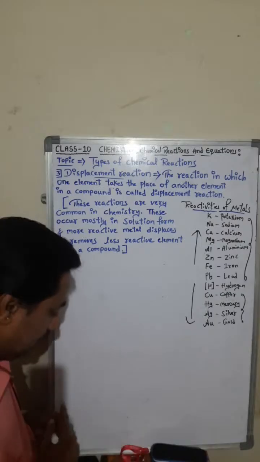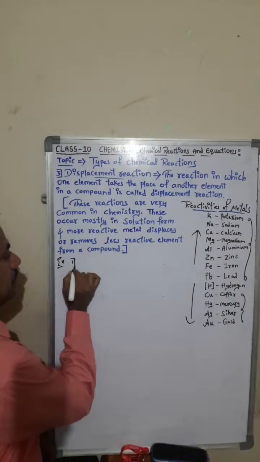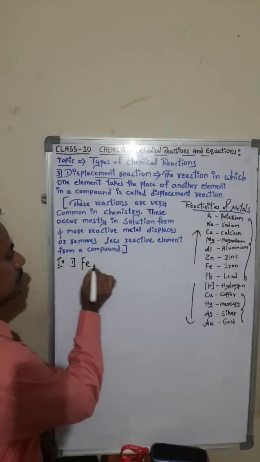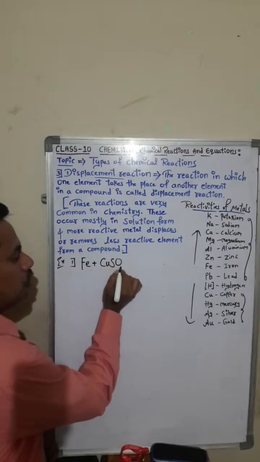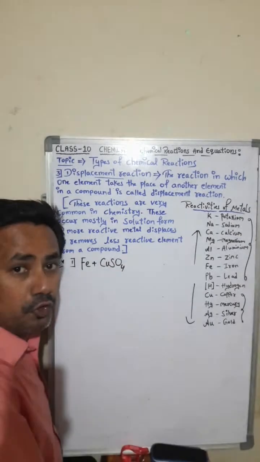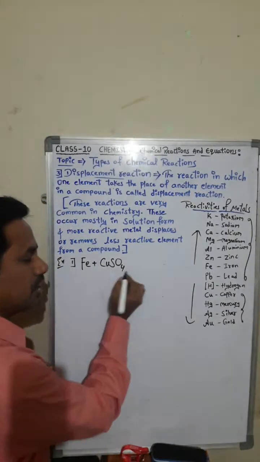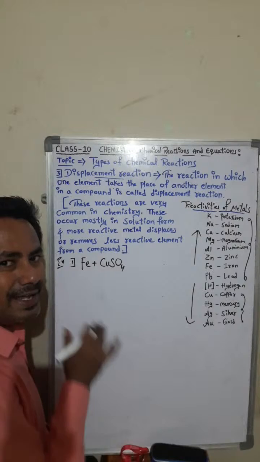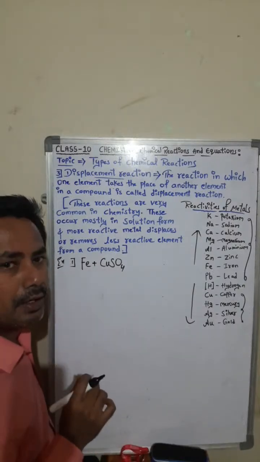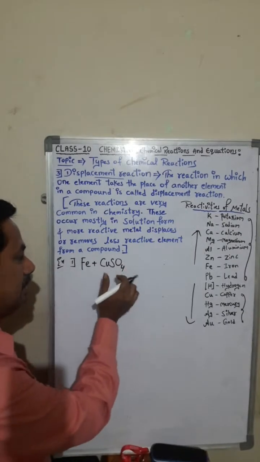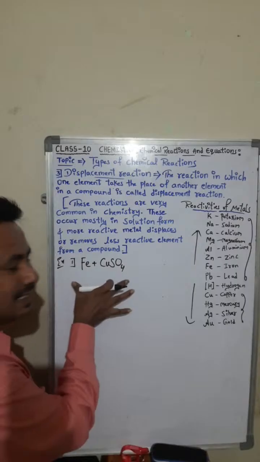Let's continue. First example: iron plus CuSO4. What do you mean by CuSO4? Copper sulfate. I have told you, SO4 if it combines with any other element, it is sulfate. With whom is it combined? Copper sulfate and iron, both are reacting. So this is the reactant side.